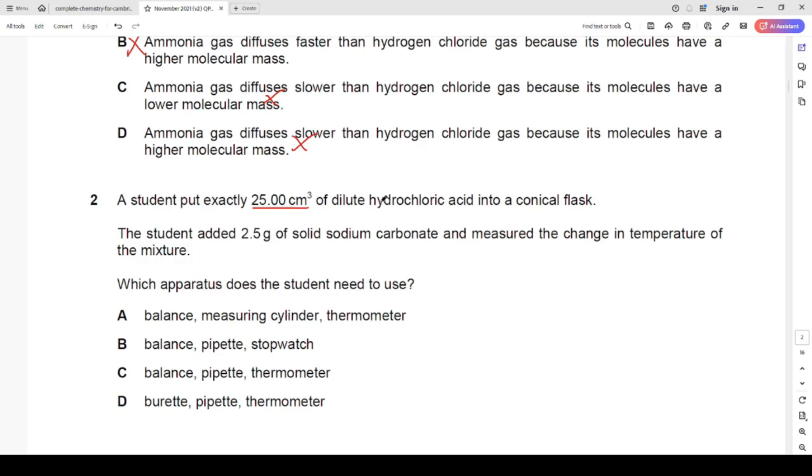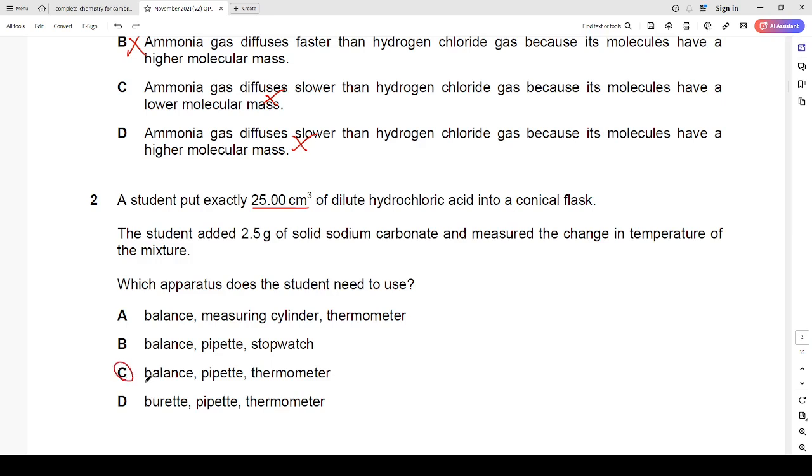Now, if we examine those apparatus closely, the only apparatus that can be used to measure in decimal places is the pipette can be used, the burette can equally be used, but on this note, we stick with option C. Why option C?